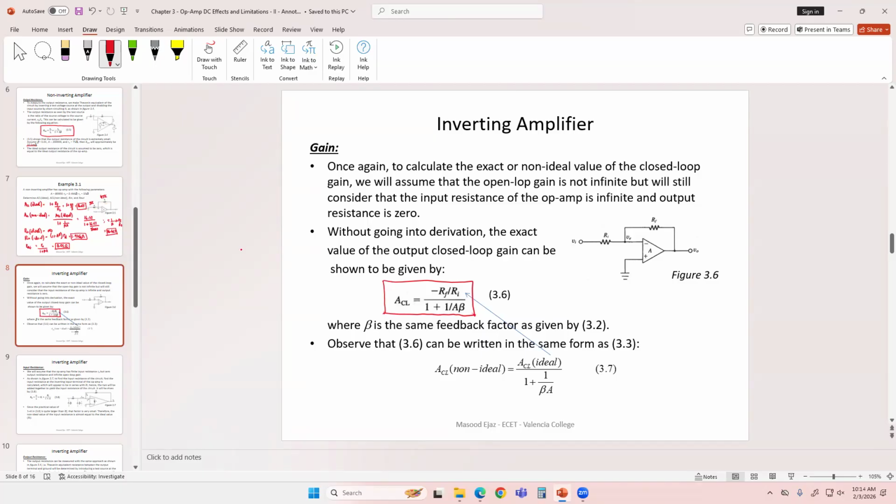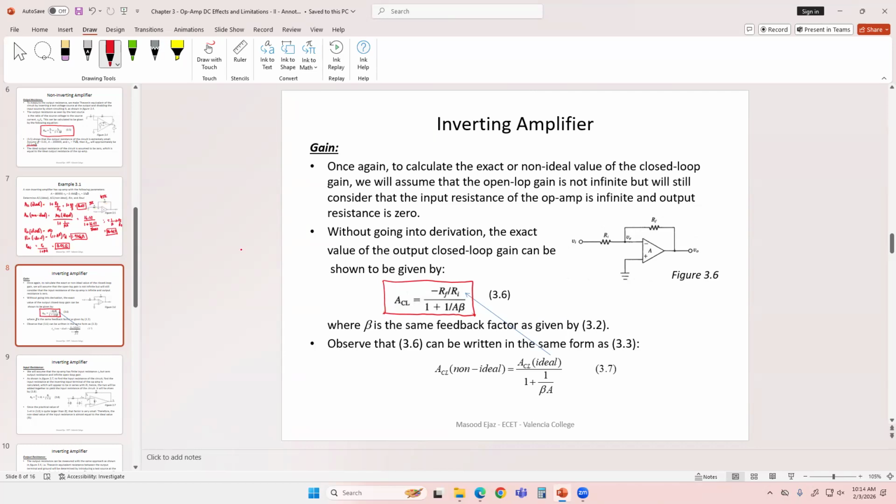Beta is the same feedback factor that we had earlier. So ACL ideal is the ideal gain of the inverting amplifier, negative RF over R input. So this expression stays the same as you see.